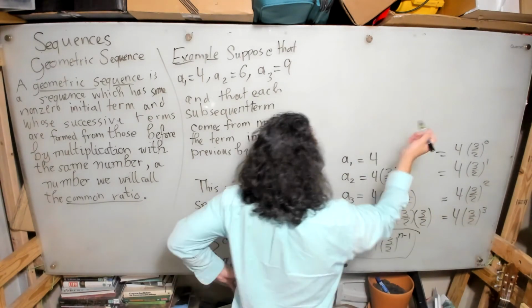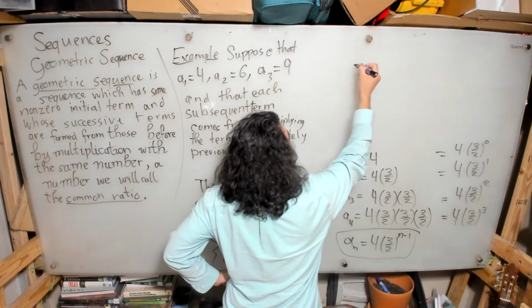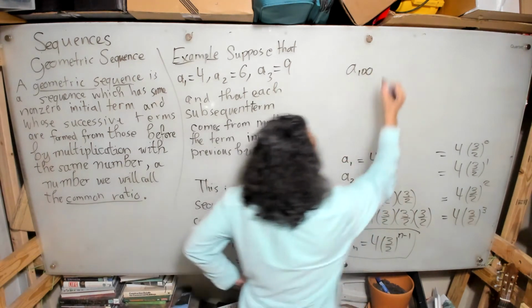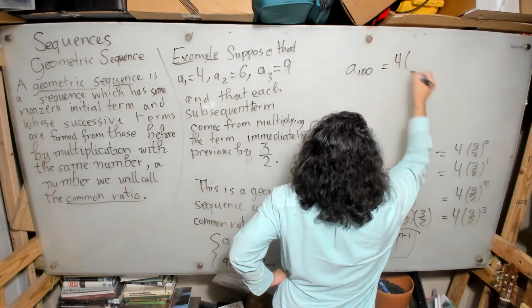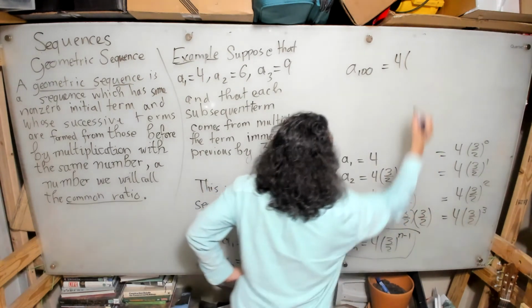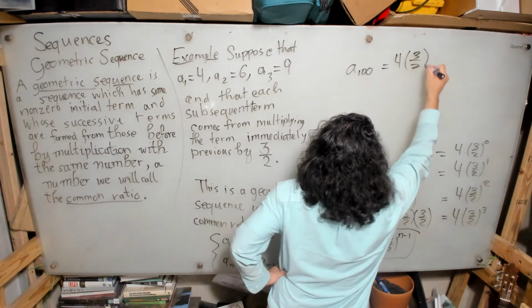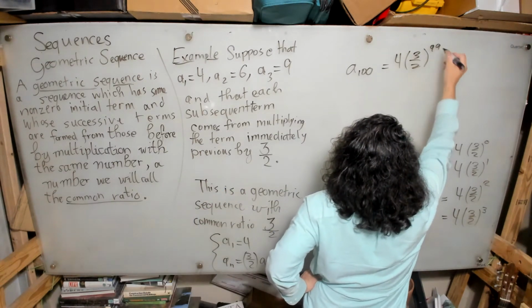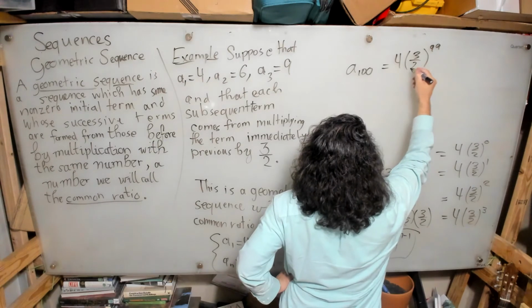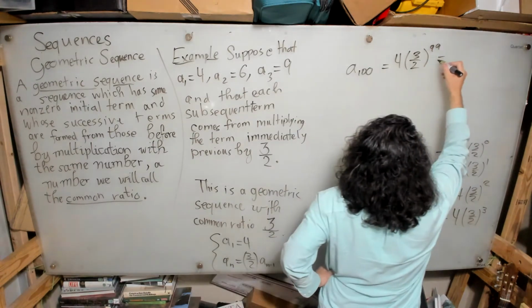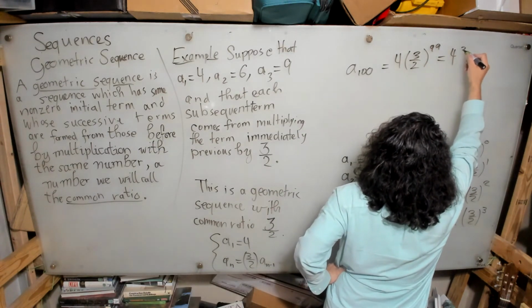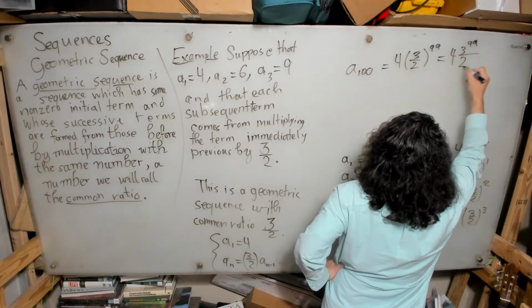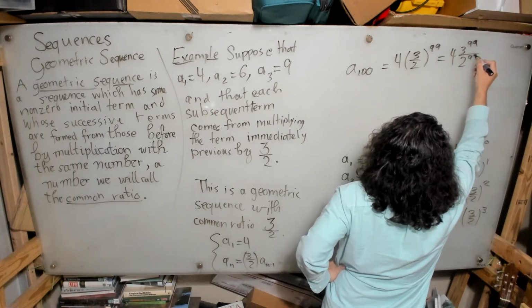So let's say I wanted the 100th term, right? The 100th term of this sequence would be equal to 4 times (3/2) to the 100 minus 1, which is 99. What is that? Well, that's going to be 4 times 3 to the 99th power divided by 2 to the 99th power.